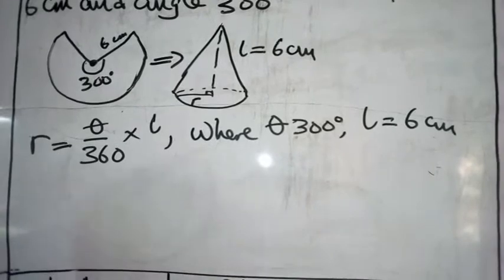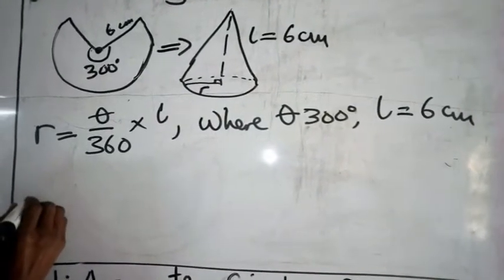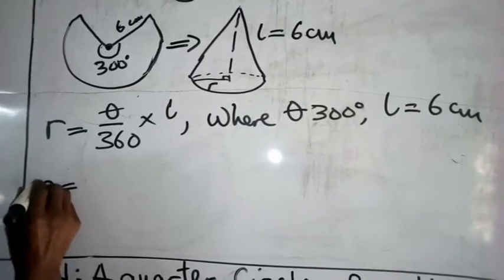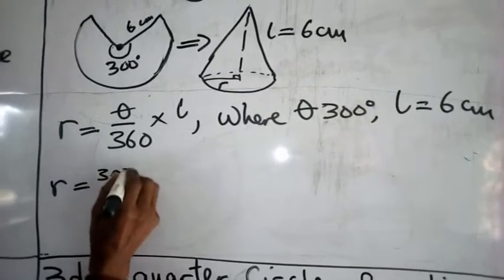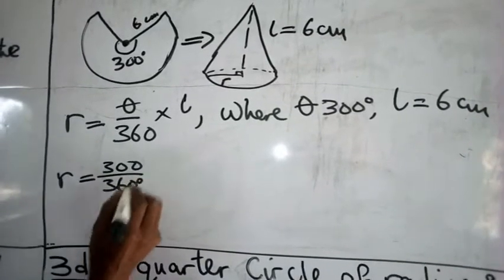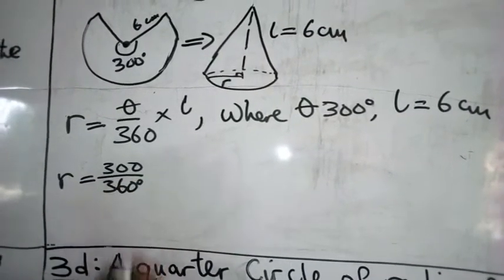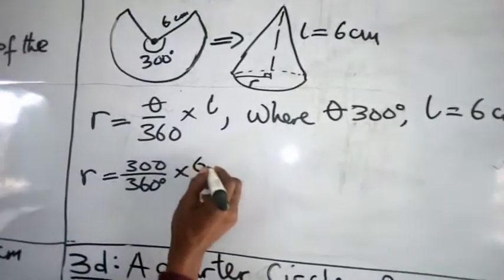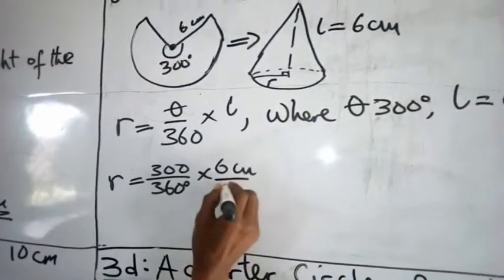Slot it, put it inside the formula. So radius this time is going to be 300 all over 360 times slant height, which is 6 cm.